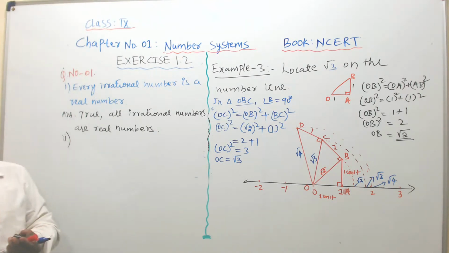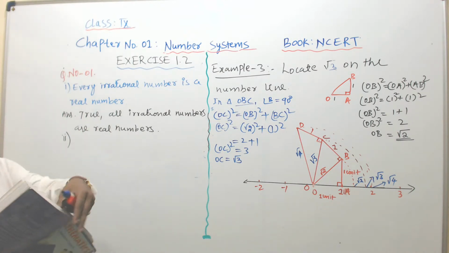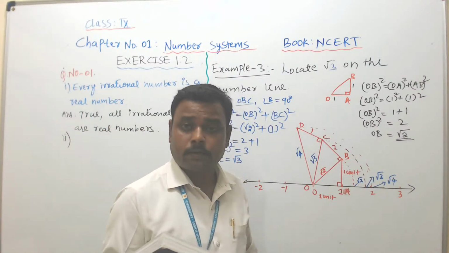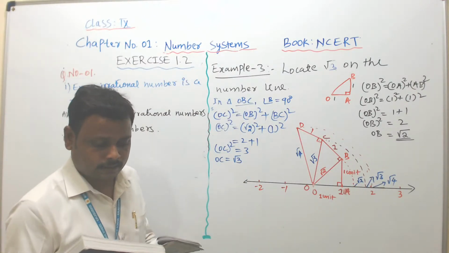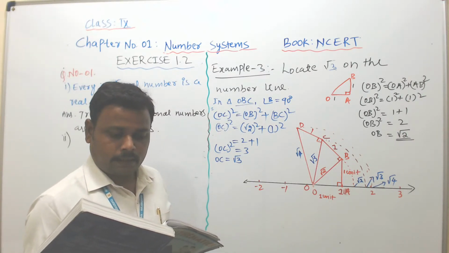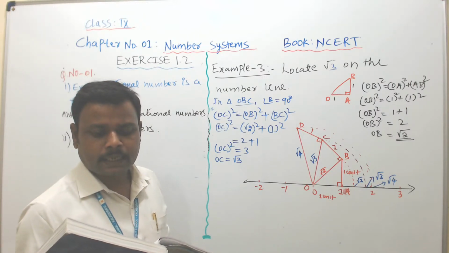In this second question, listen. Second question. Every point on the number line. I'm reading only the question, I'm not writing. Every point on the number line is of the form root m, where m is a natural number.